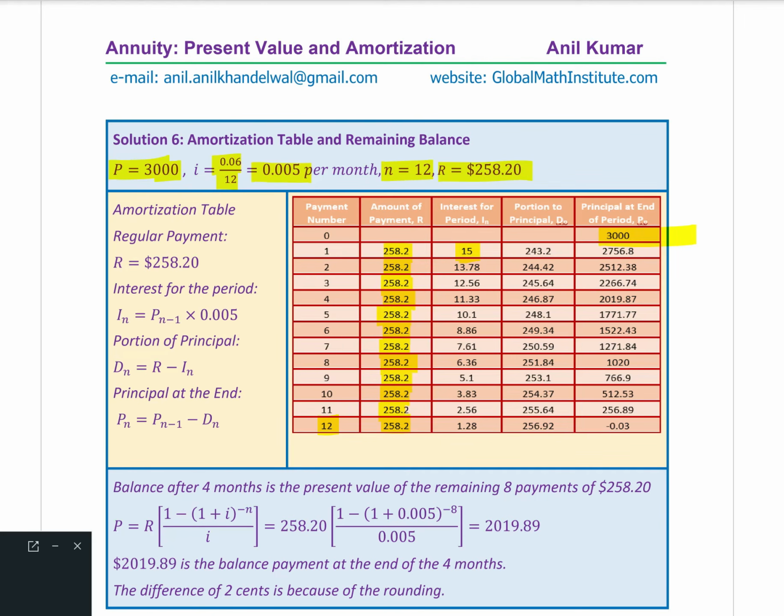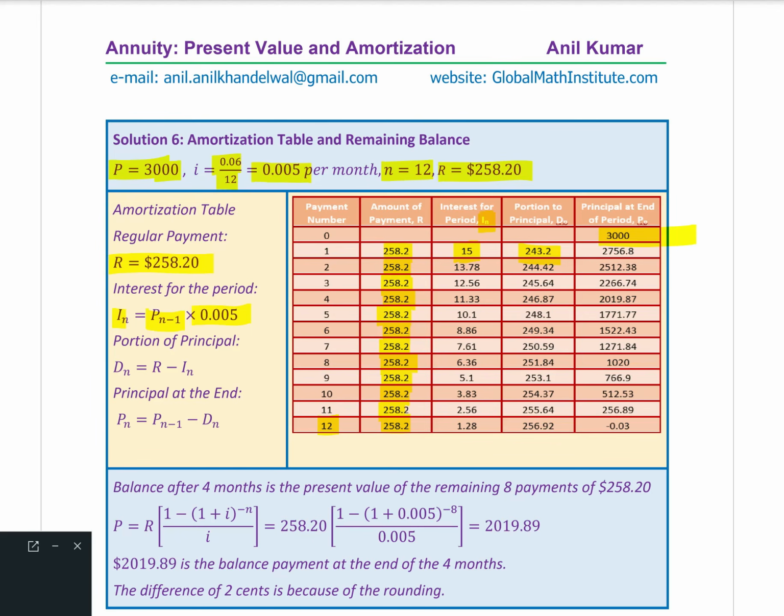So what we have seen here is that we have regular payments of 258.20. Interest is basically paid on the amount which was pending to be paid times the interest rate, 0.005. So this is what we are going to calculate, and this is represented in the third column. Now, once we know that this is the interest being paid, then taking away this amount from the actual payment, we know how much portion is going towards the reduction in the debt, right?